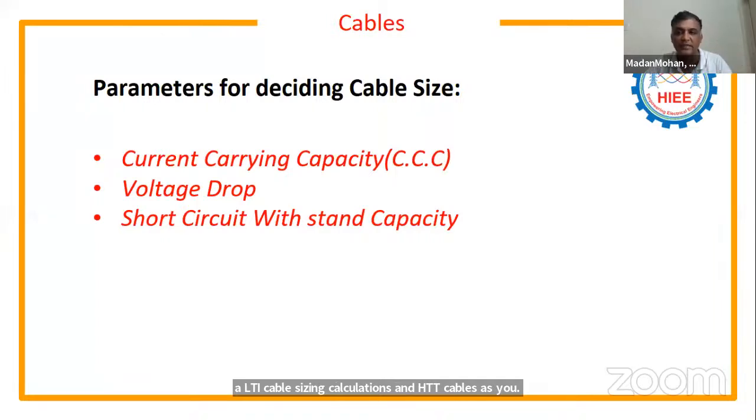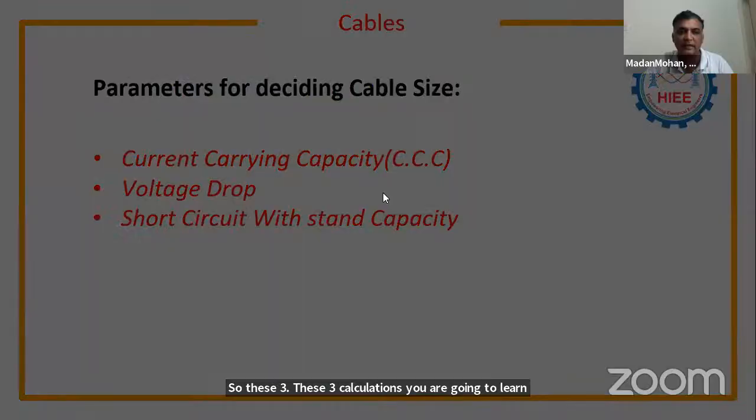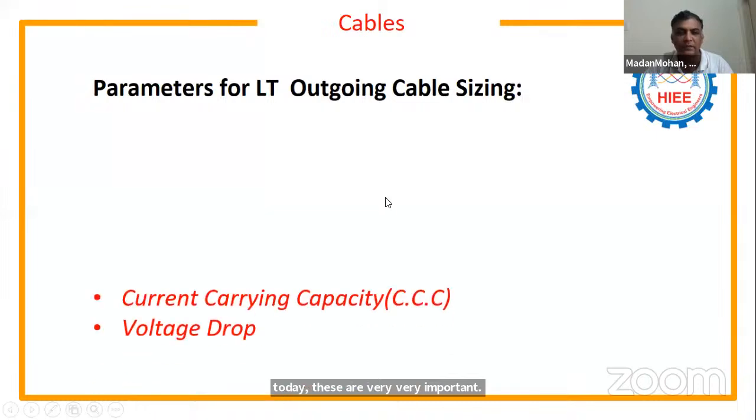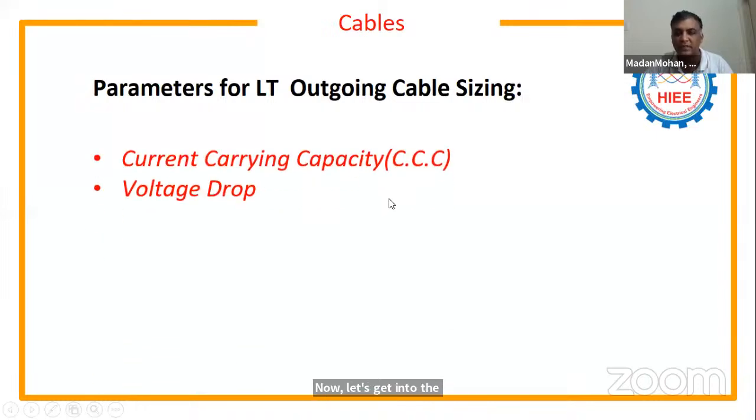In the LT cable sizing calculation, what parameters are to be decided for incoming feeders, what parameters are to be considered for outgoing cables, and what parameters shall be considered for HT cable. These three calculations you are going to learn today. These are very, very important. Now let's get into the calculation parameters for LT outgoing cable size.